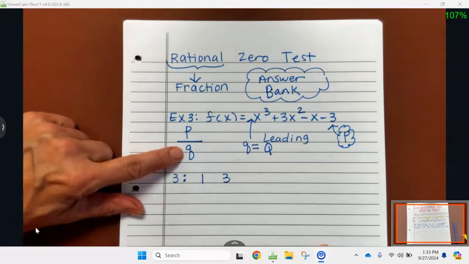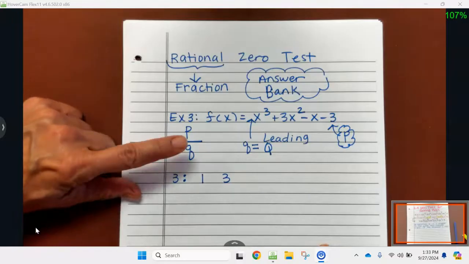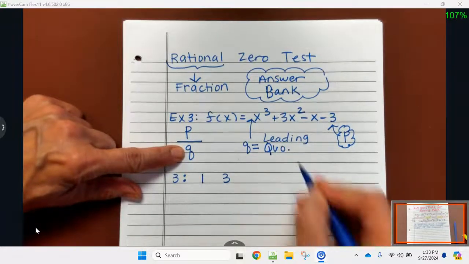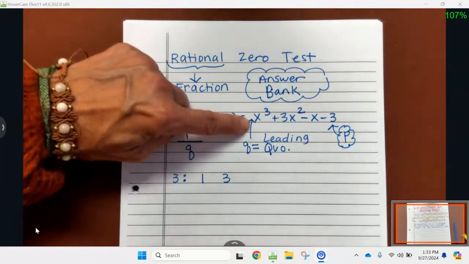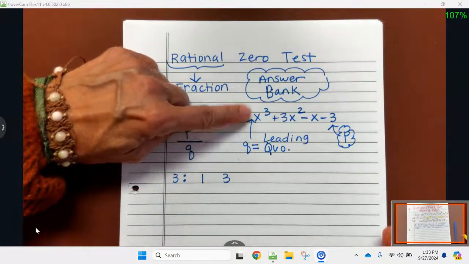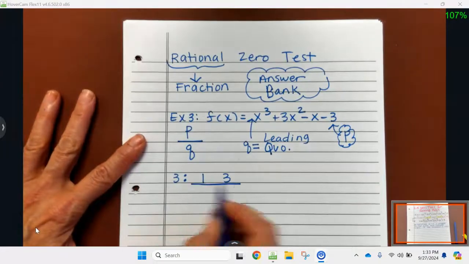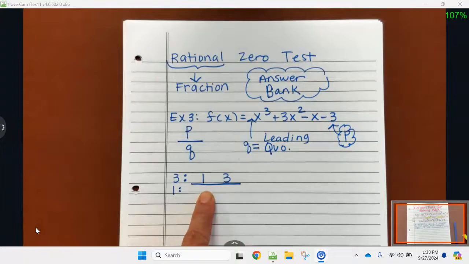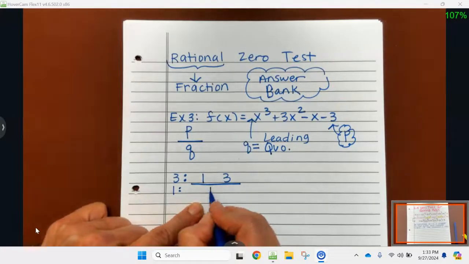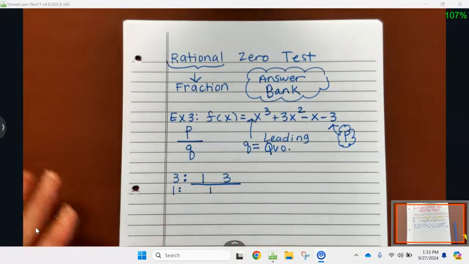Now we have to look at the leading coefficient, which is the number in the front. The number in the front is just understood to be 1. So this is going to be divided by all the factors that make 1. Again, 1 is prime, so 1 times 1 is the only thing we can make.